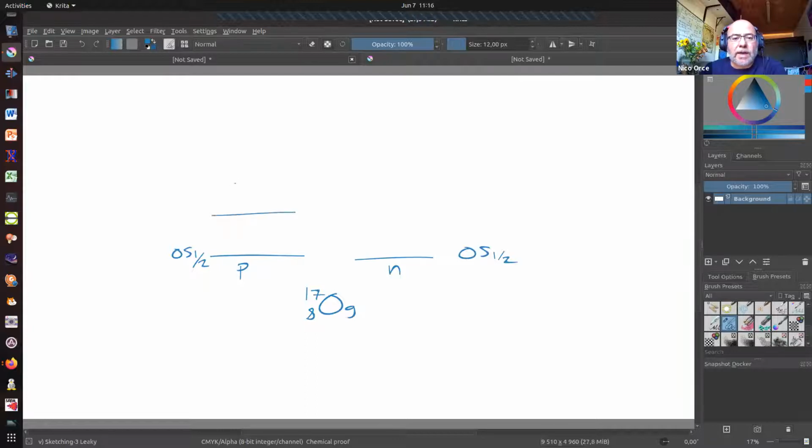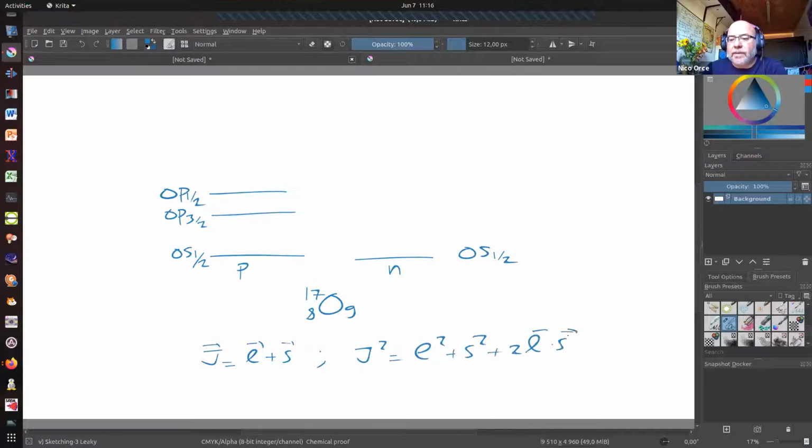So then next one comes here, 0 P3 half. As you know, the P3 half lies below the P1 half because of the spin orbit interaction when we did J equal L plus S, where J square is equal L square plus S square plus 2 LS, right?